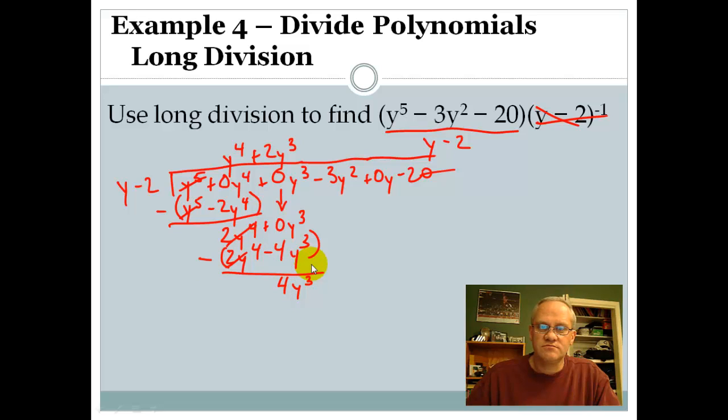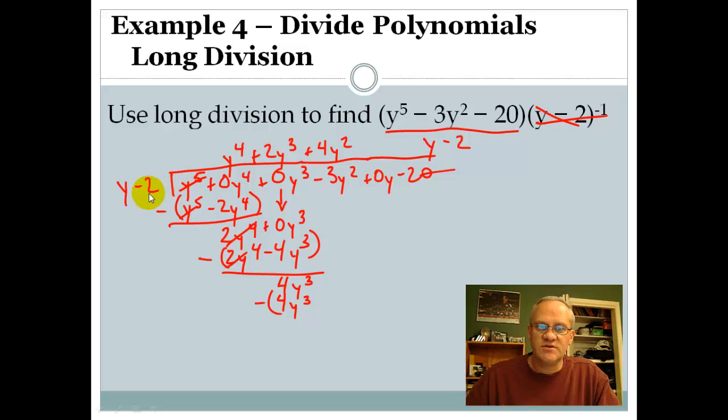I hope I'm not going to run out of room here. Okay, so 4y to the third. y times what? y times 4y squared. 4y squared times y gives me 4y to the third.